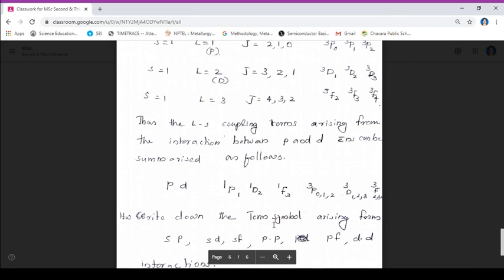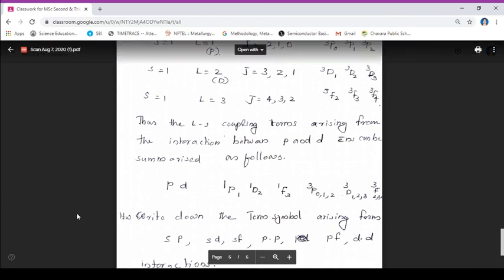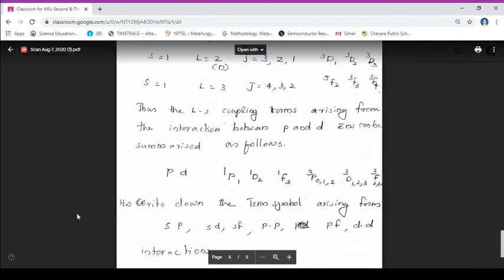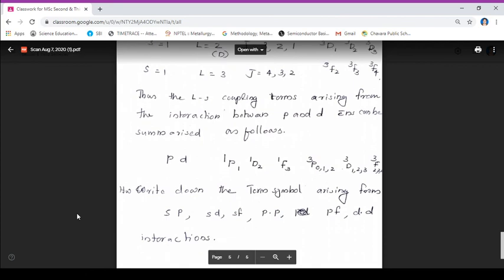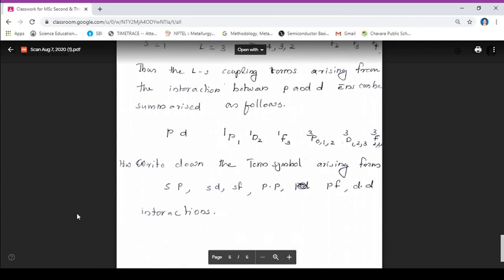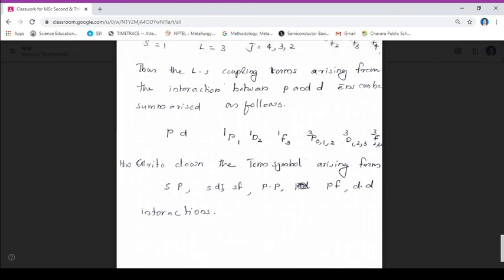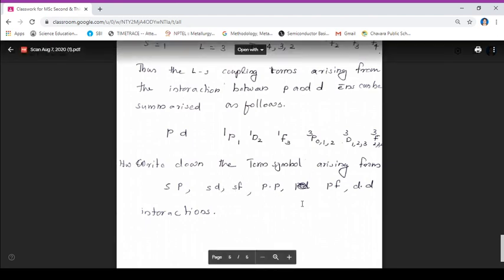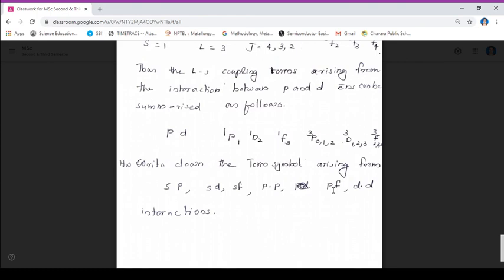Now as a homework, if you understand the subject, you write down the term symbols arising from SP, SD, SF, PP, PF, DD interactions. So first, one of the electrons is in the S state and the other one is P, S and D, S and F. Then both electrons are in the P state, and one electron is in the P state, F state, and DD.